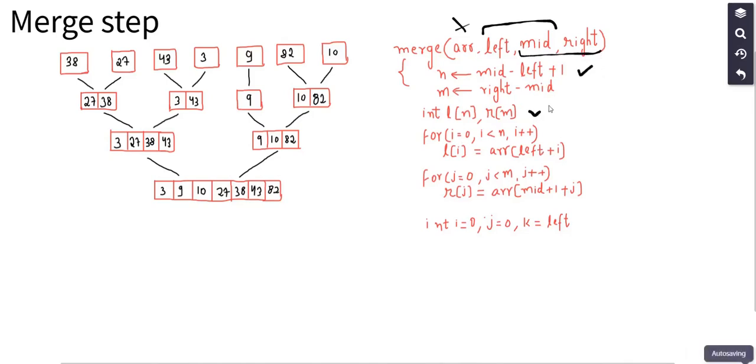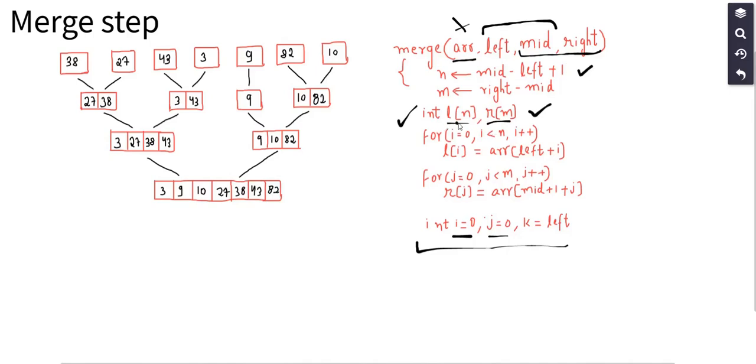Then we declare two auxiliary arrays of the same sizes as these two sequences, and we store the integers of these two sequences into these auxiliary arrays. Then we declare two pointers, pointer i which will point to this array, that is left, and pointer j which will point to this array.